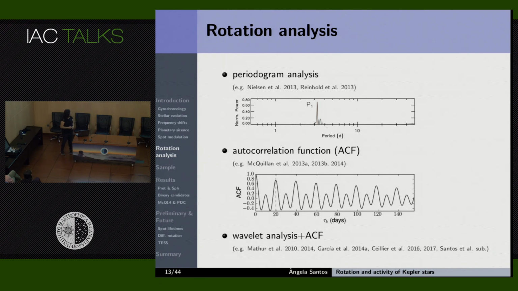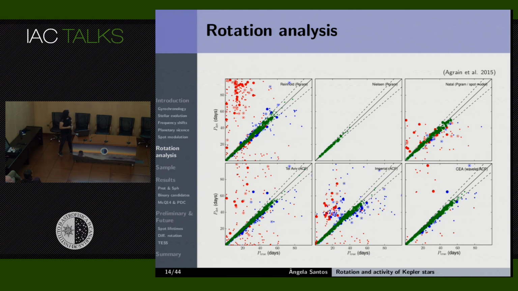The method that we applied combines the autocorrelation function of light curves with wavelet analysis of the light curves. This method was shown in a paper in 2015, using artificial data, to provide the most reliable set of rotation periods and also the most complete set of rotation periods.